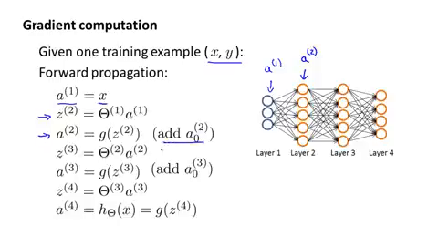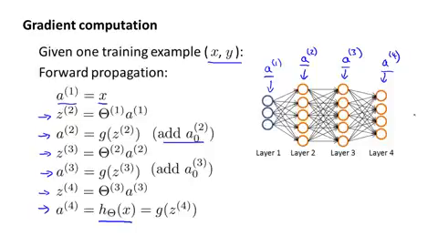And we also add those bias terms. Next, we apply two more steps of this forward propagation to compute A3 and A4, which is also the output of our hypothesis h of x. So this is our vectorized implementation of forward propagation, and it allows us to compute the activation values for all of the neurons in our neural network.